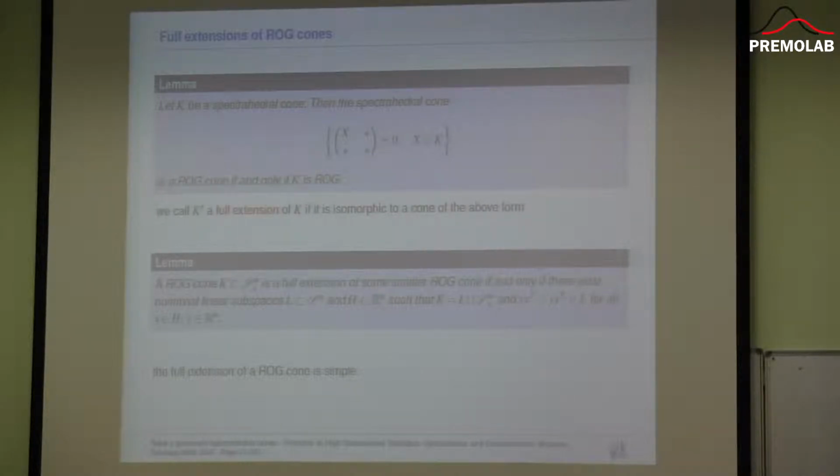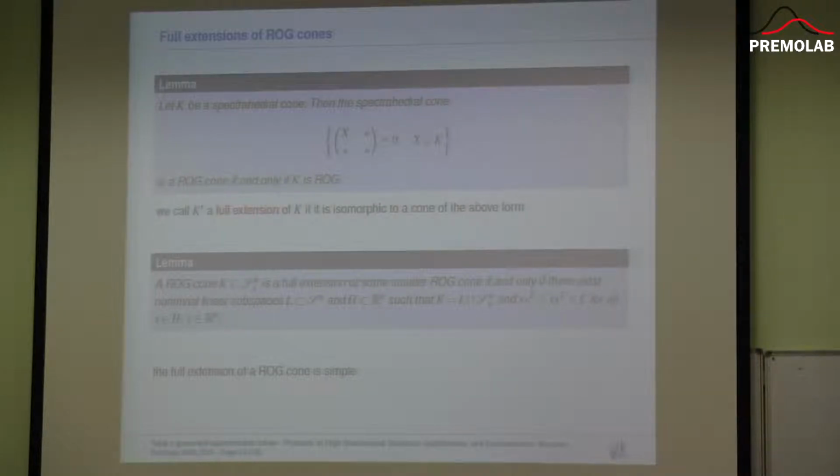So this is a subset of the cone of n times n positive semi-definite matrices. And we take n prime bigger than n, then we can construct a cone K prime in the space of n prime times n prime symmetric matrices in the following way.